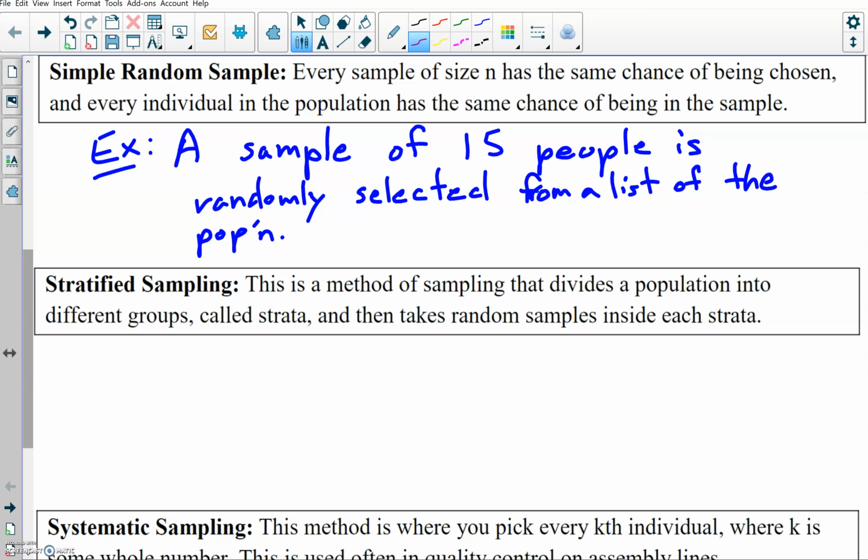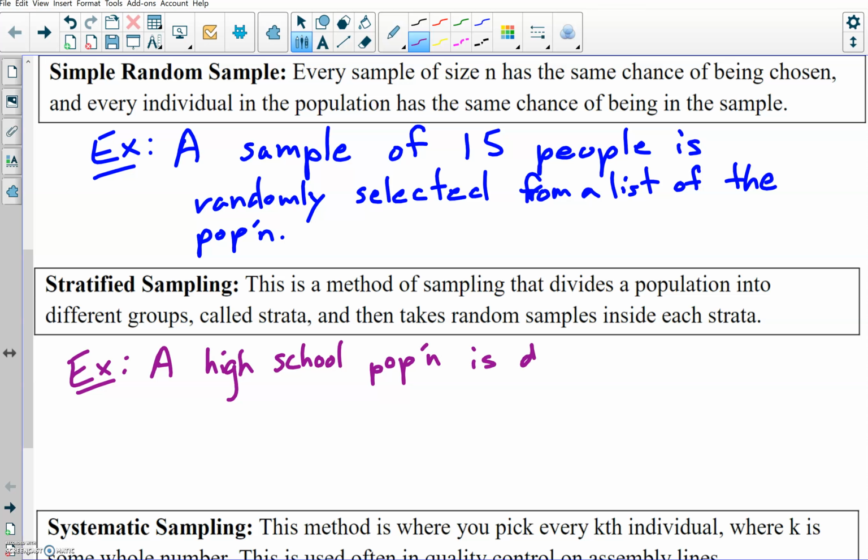So for example, a high school population is divided into freshmen, sophomores, juniors, and seniors.